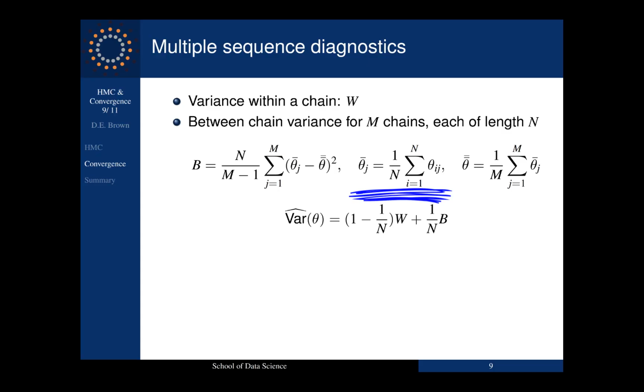It could even be, for instance, a coefficient in a regression. Regardless, it's the value that we're computing in that chain, the value that we're running this Markov chain Monte Carlo in order to estimate. So we compute the average over that chain, and that's shown by this average formula.